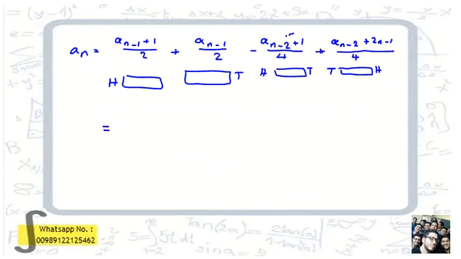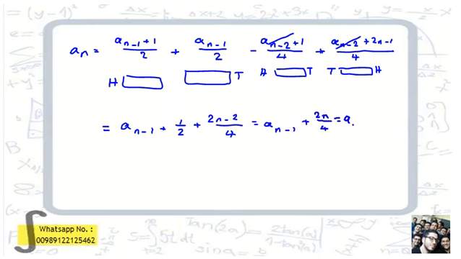We know that we can cancel these two things. And now what we have is a_{n-1} plus 1 over 2 minus 1 over 4, minus (2n minus 1) over 4 plus (2n minus 2) over 4, which equals a_{n-1} plus 2n over 4, which equals a_{n-1} plus n over 2.